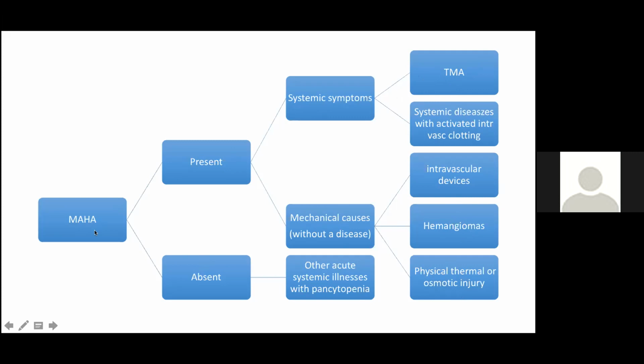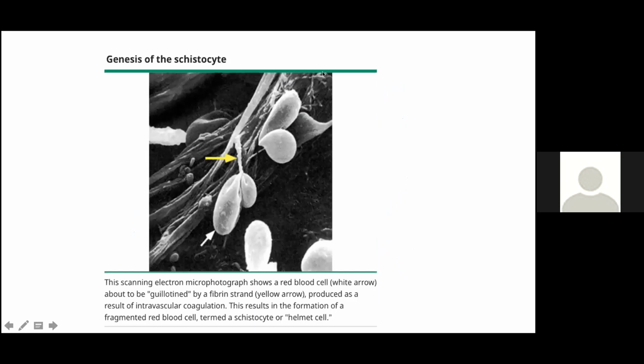And if microangiopathic hemolytic anemia is absent, then you have to think of other acute systemic illnesses with pancytopenia. This is the genesis of schizocytes. Actually, this is a fibrin strand. This is the endothelium. This is how the red cell is fragmented by the fibrin strand.